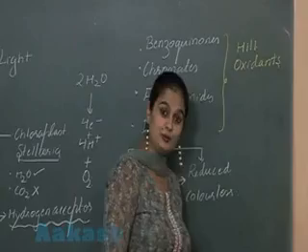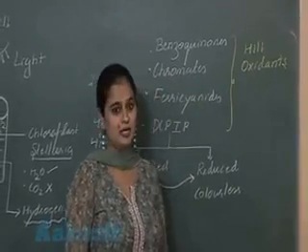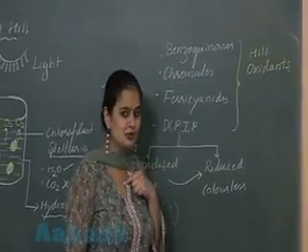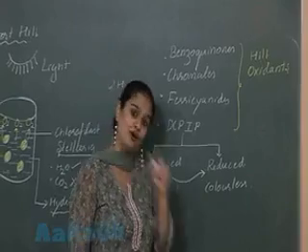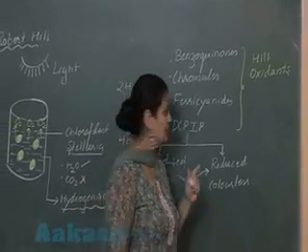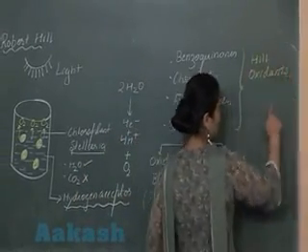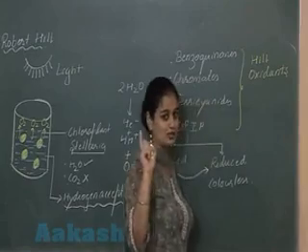So it's very well known to you what is an oxidant, जो खुद reduce होगा और दूसरे compound को oxidize करेगा, right? So all these compounds they are known as Hill oxidants.